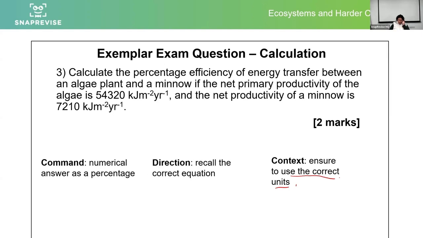And part of the direction is also to recall the correct equation, even though this direction is not explicitly said to me in the question. These are examples of some of the formulae that you do have to remember, because other formulae are given to you. So have a go.